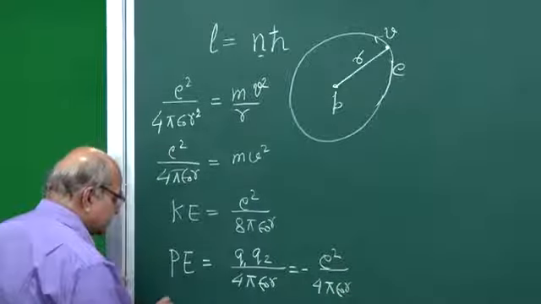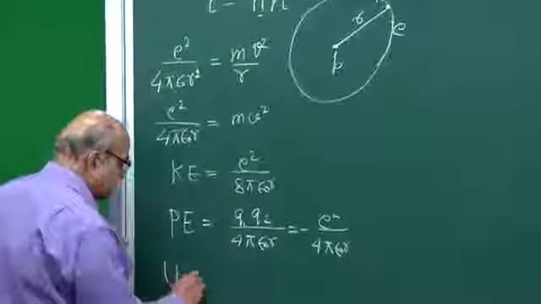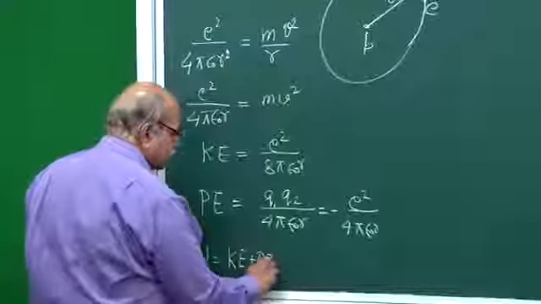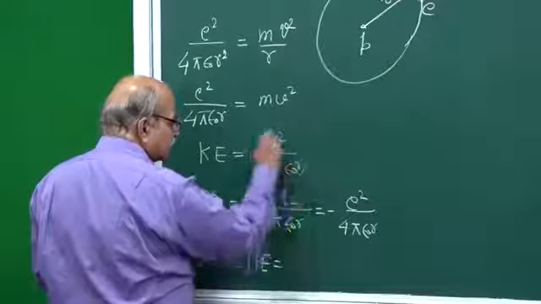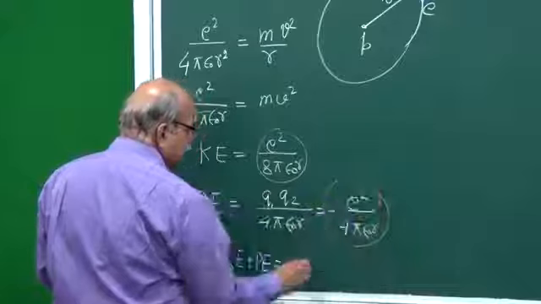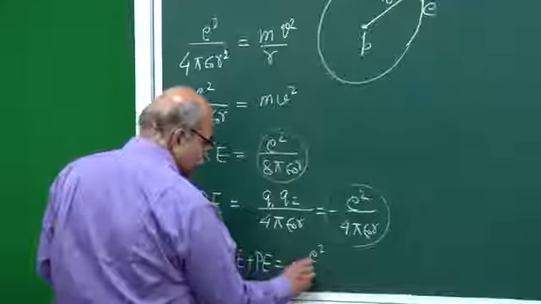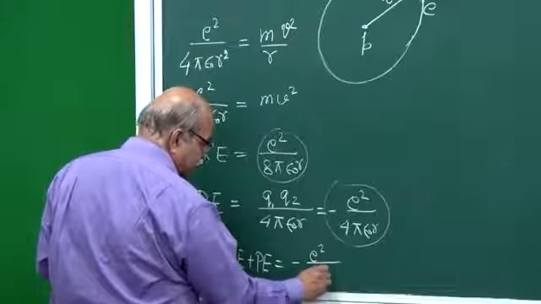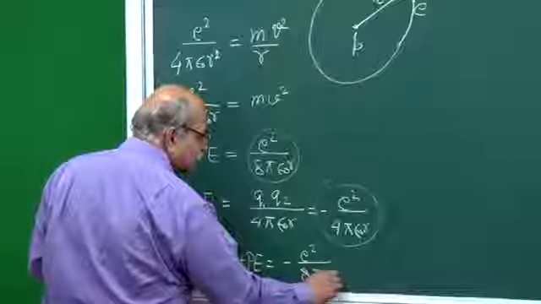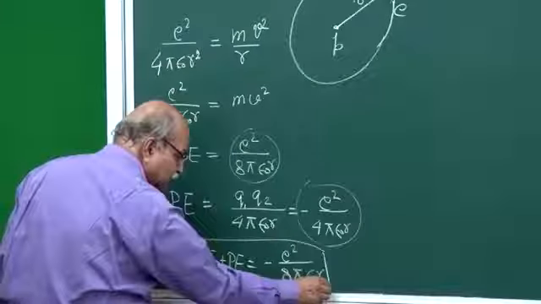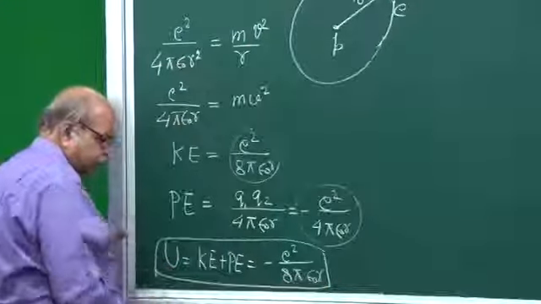The total energy U is kinetic energy plus potential energy. You add these two and you get minus e square over 8 pi epsilon naught r. So this is the total energy in terms of r, and we still do not know what this r is.